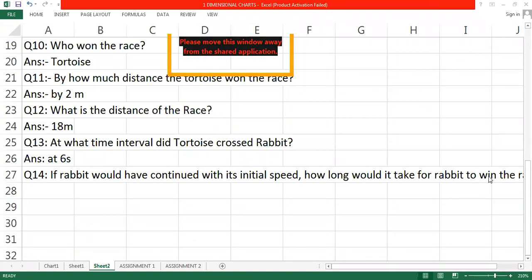We observed that the rabbit went to sleep. So how long would it take for the rabbit to win? Again I'm talking about time.